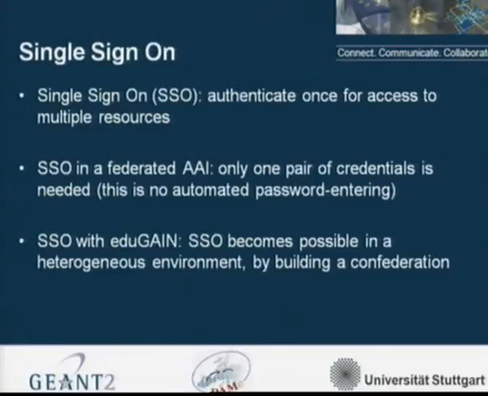So eduGAIN is kind of the pieces that are needed to make these different things talk together. It is a way to build a confederation, and we have an SSO for logging into this confederation.